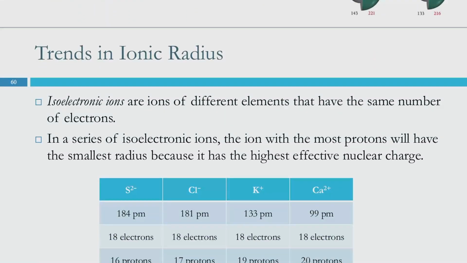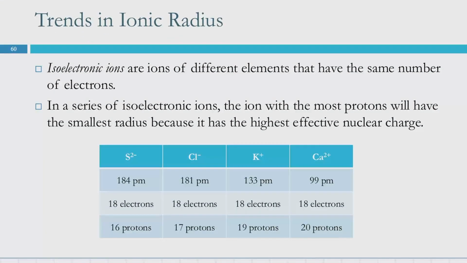We can also compare ionic radius between what we call isoelectronic ions. So iso, meaning basically same, I think it works the same here. And then electronic, we're thinking of as number of electrons, or relating to electrons.